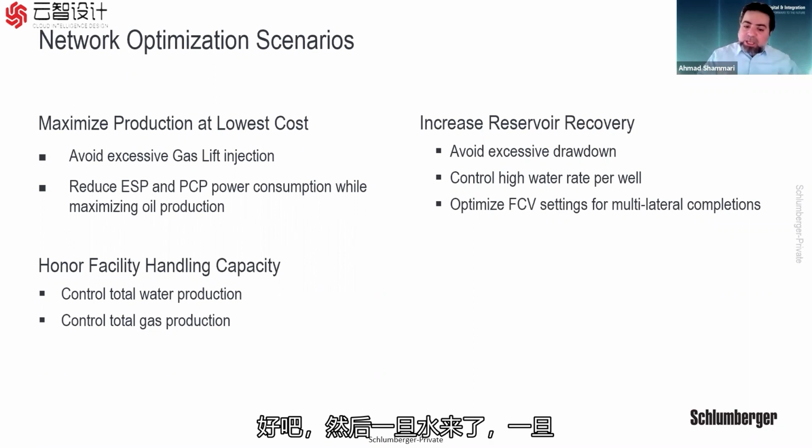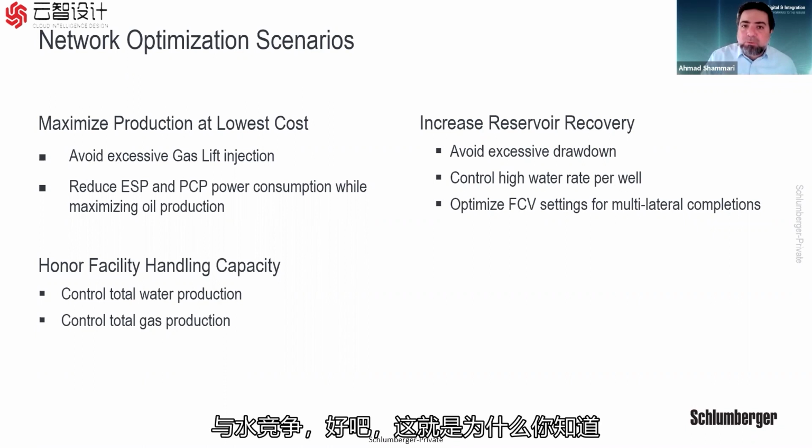And then once the water reaches your completion, your recovery will drop because the mobility of water is much higher than the mobility of oil, and then the water will start coming to your well, and the oil cannot flow because it's competing with water.